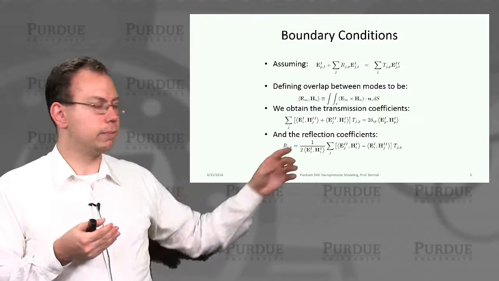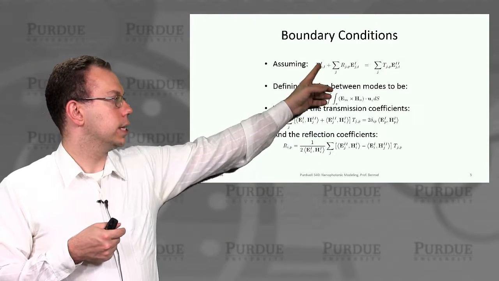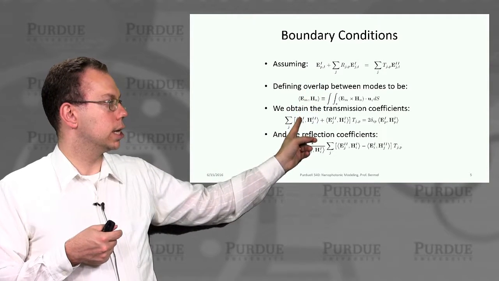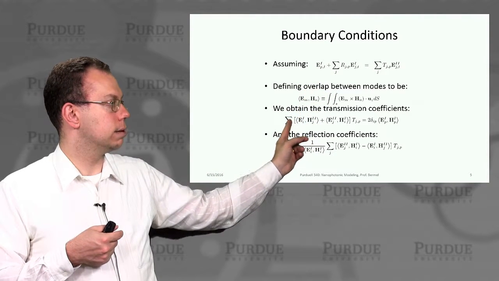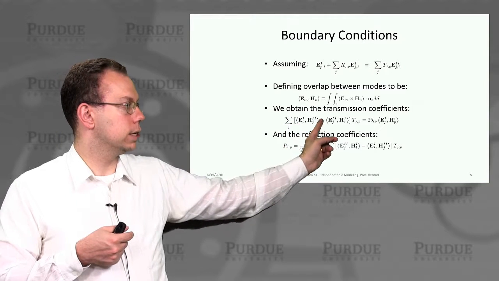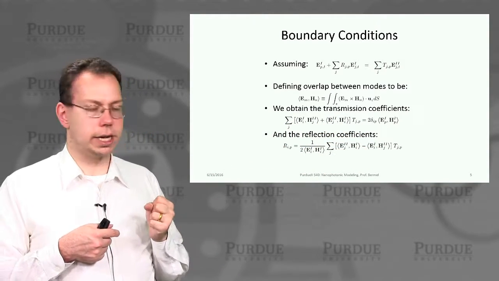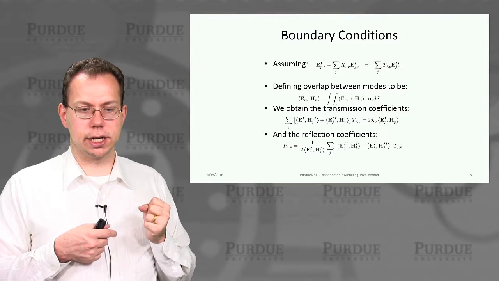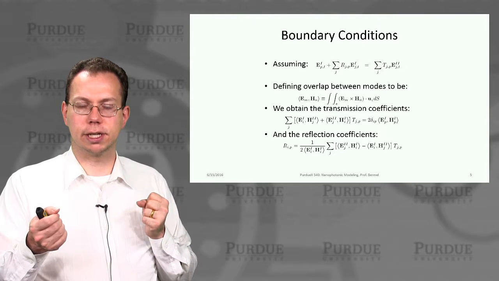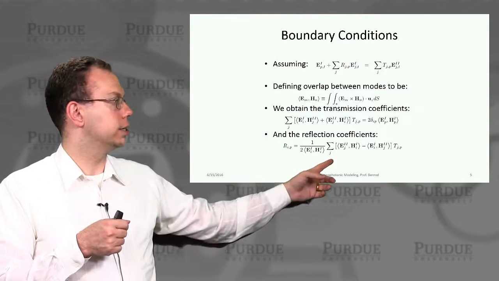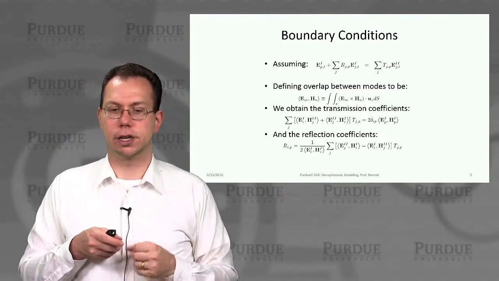Then we can write down all of these terms from this original equation as kets, and cross those into bras, and that allows us to simplify our terminology to calculate both a transmission coefficient for each of the terms, and also a reflection coefficient for each of the terms, right?